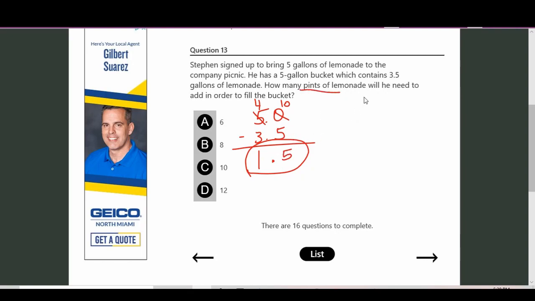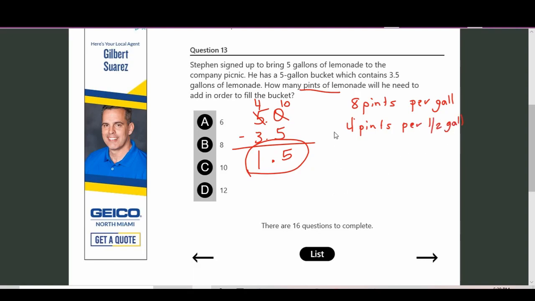So the way I like to think of it is this. There are 8 pints per gallon, which means there are 4 pints per half gallon.